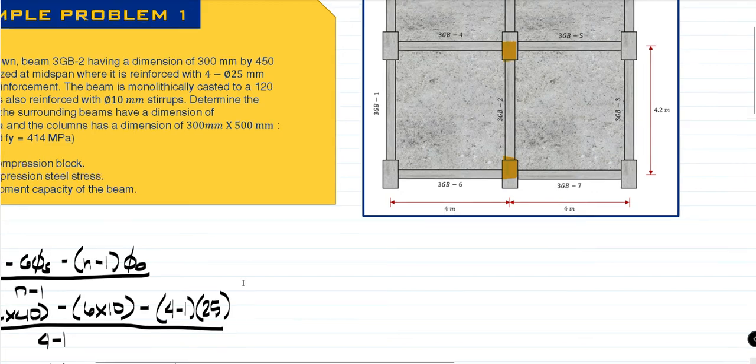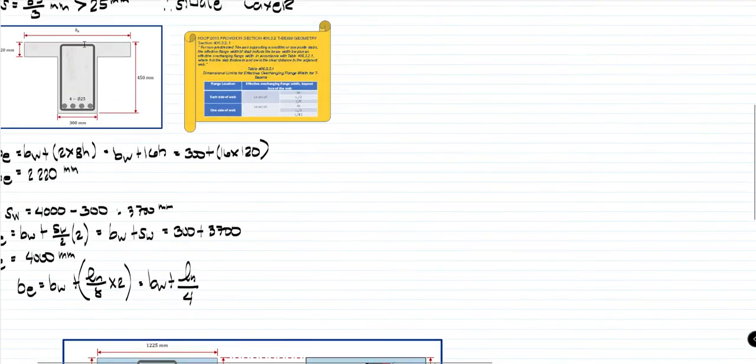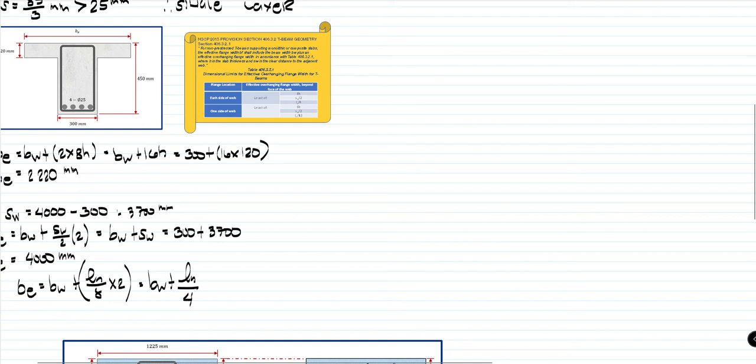So, we can have here the value of ln. So, for ln, that is equal to 4,200 minus 500. So, we have here a value 3,700 mm.